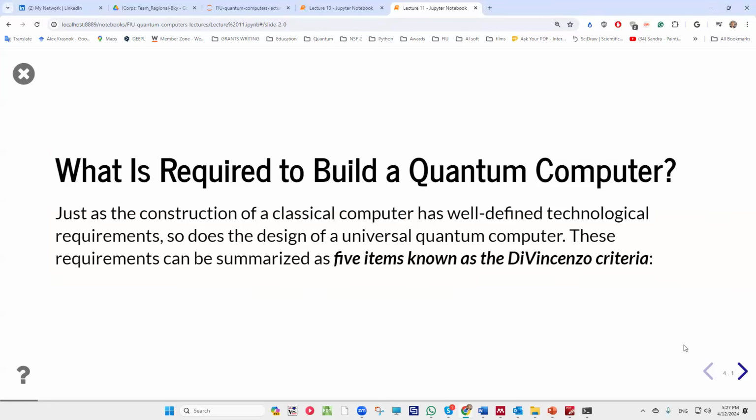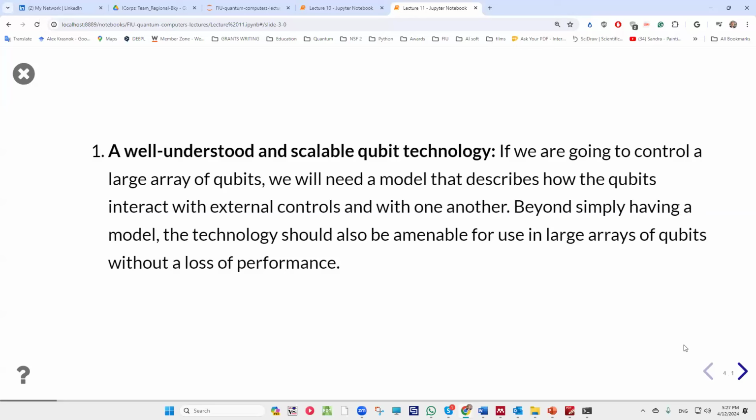So the first criterion is as follows: a well understood and scalable quantum technology. Well understood means that we can describe with great accuracy the behavior of each building block.